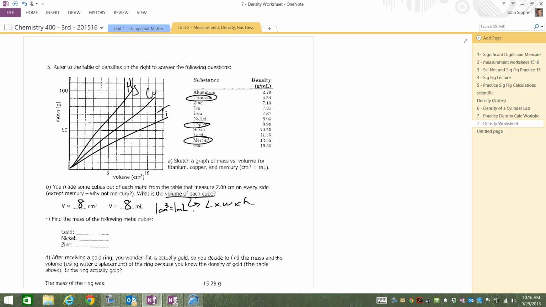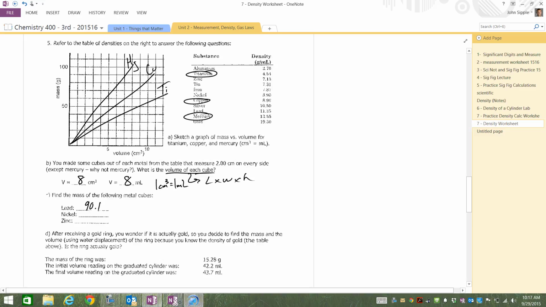Okay, so hopefully you came up with this, 9.1 grams. Right, nickel was, what you guys have, 50 or 71.2. And then the last one was 57, is that right? No. Okay. Do you have any questions? You want me to do one on?